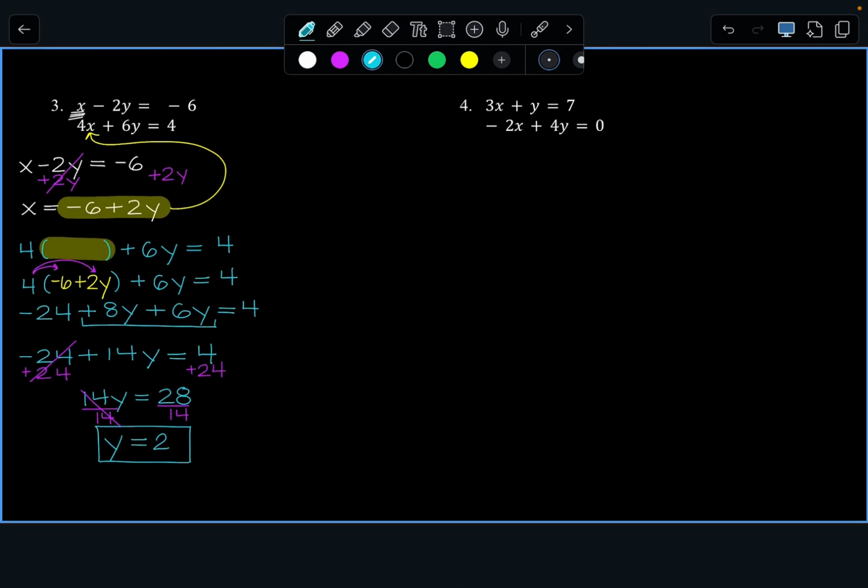Now that we have y, plug it back in to solve for x. X equals negative 6 plus 2y.